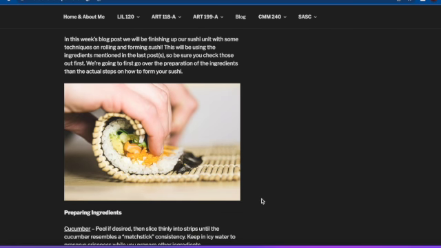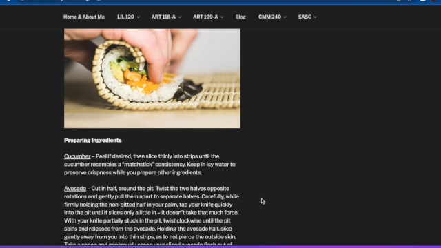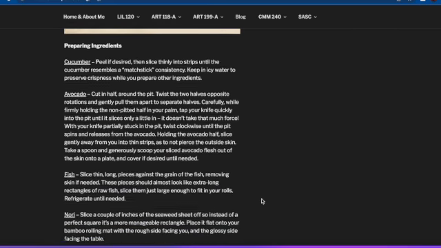This one in particular looks nice, but it also serves as an instructional image. So as we move on down the line, we have a rolling section on this post. And this photo up here is sort of a reference for people to know where to put their fingers, how to use the mat, and how to actually layer their sushi rolls. So I think that's helpful to use as a reference in the recipe. I believe I say look up at the photo above to see how to roll the sushi.